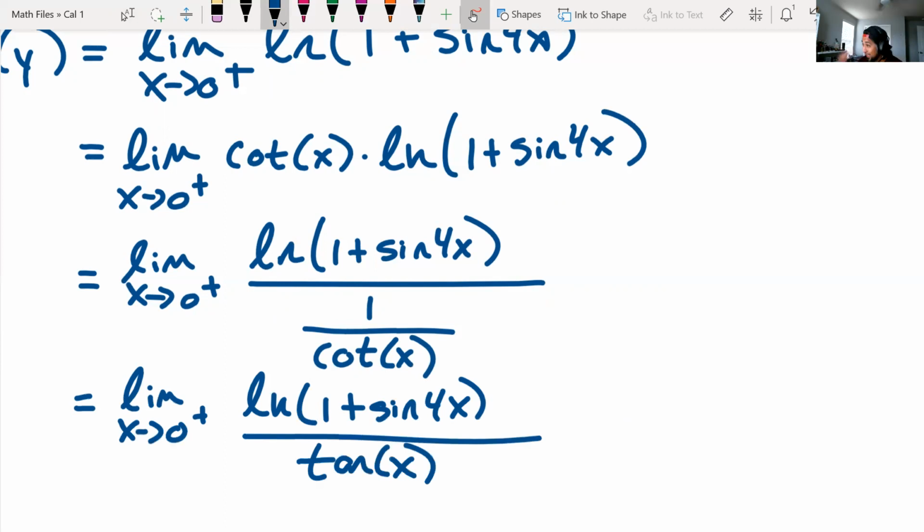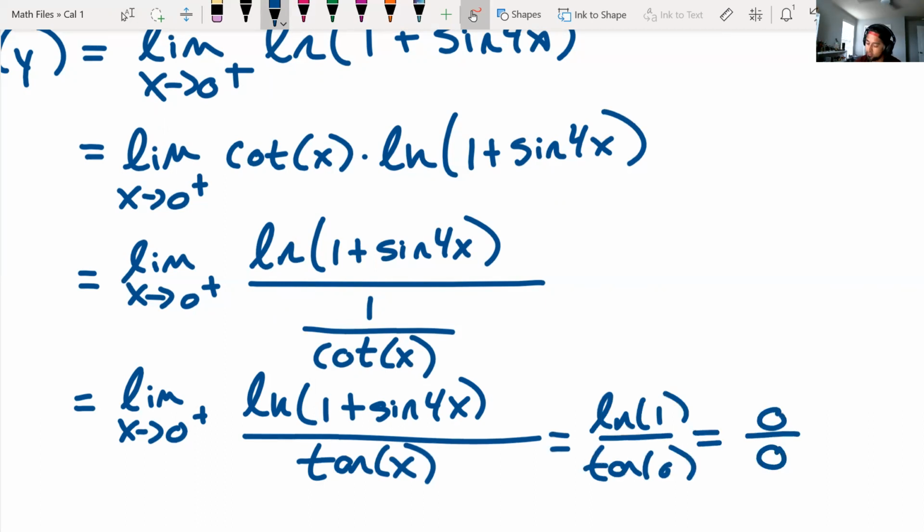Okay, and again, if you were to plug in 0 still, you'd end up with the natural log of 1 over the tangent of 0, and you would end up with 0 over 0, which is still indeterminate. I'll leave that there, which means now we use L'Hopital's.